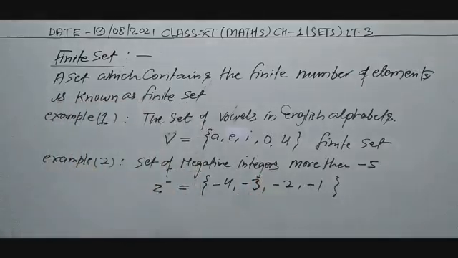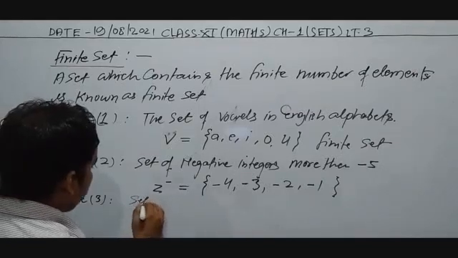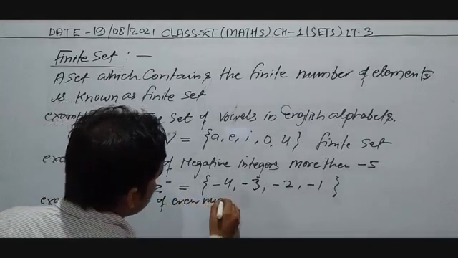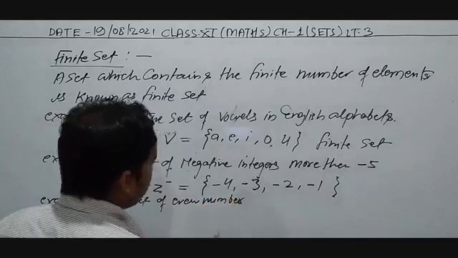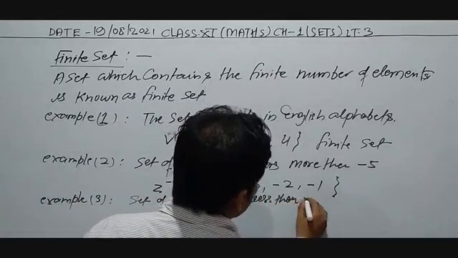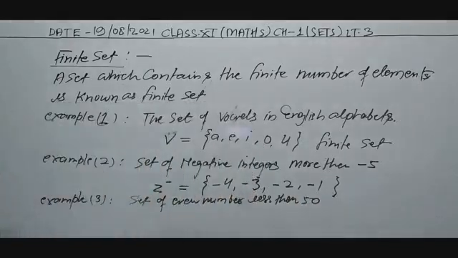Now we go to the third example. Example number 3, set of even numbers less than 50.